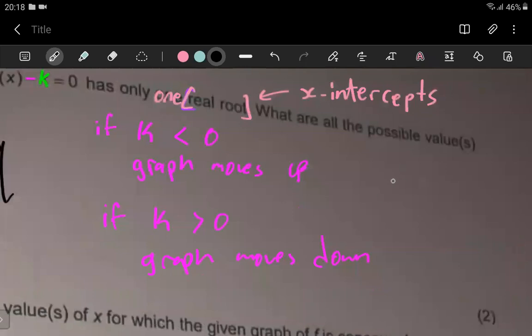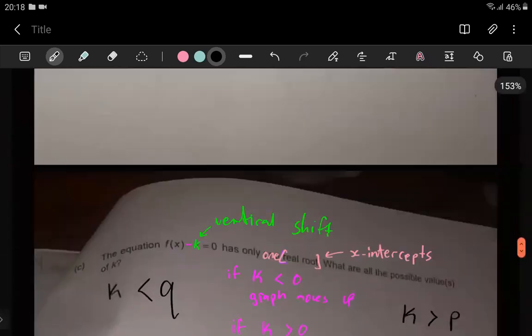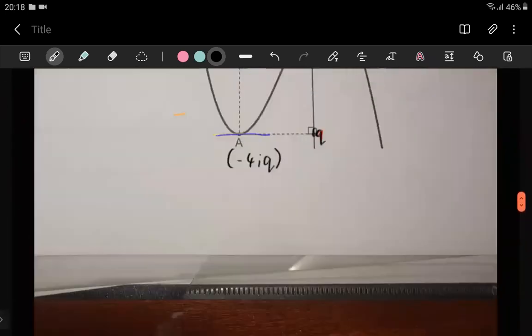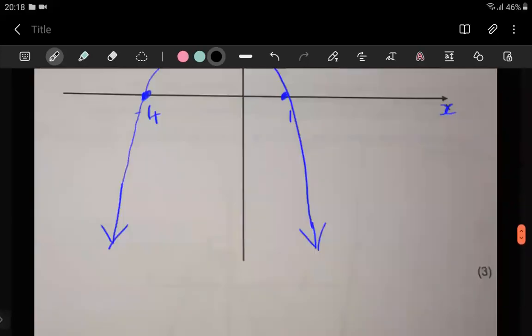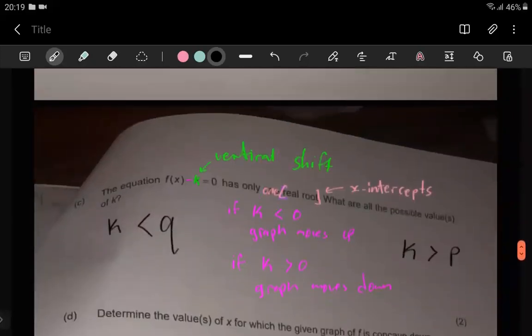So in this case, k has to be bigger than p, because if p is like 5, it means that if you move this graph 5 units downwards, anything more than 5 units downwards, it'll start to have one x-intercept, which is fine, because that's what we are gunning for. Okay. Cool.